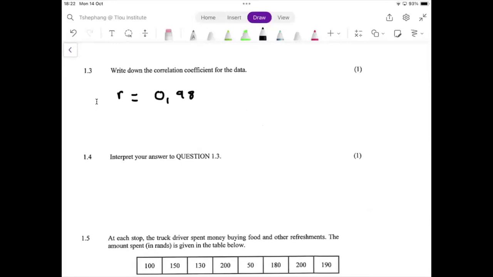What do we know about R being 0,98? Remember on the scale, on the summaries that I gave you when we started, I did say that this would be a very strong positive correlation.